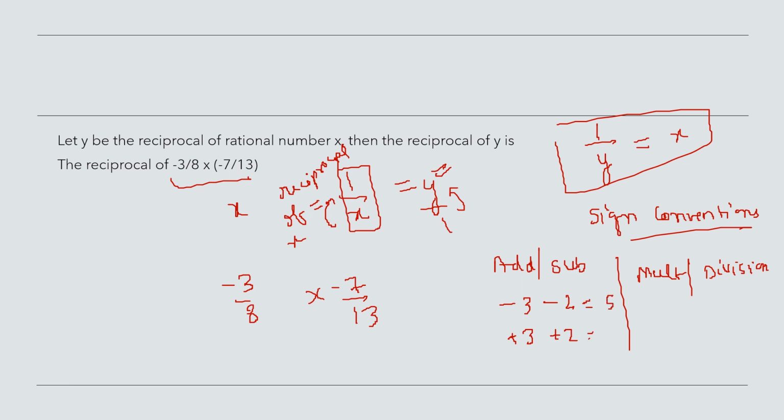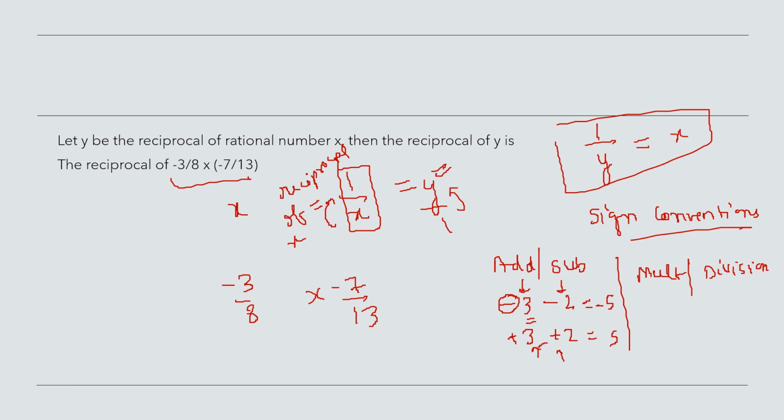3 and 5, 3 and 5. Whenever they both have same sign, you have to add. But the sign, remember, in addition and subtraction you have to consider the greater one. 3 is greater than 2, so 3 has negative sign, so result will also have negative sign.